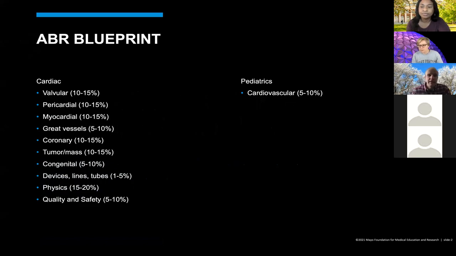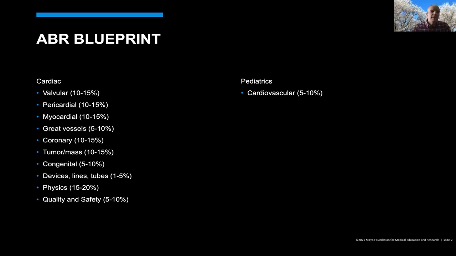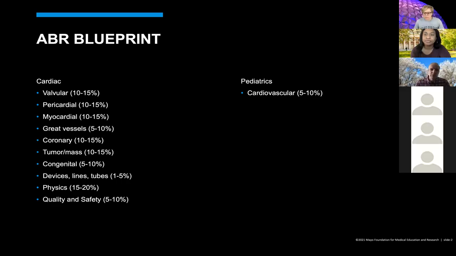And just as a reminder, your cardiac cases will include valvular disease, pericardial disease, myocardial disease, great vessels, so aorta, pulmonary arteries, coronary arteries, cardiac tumors and masses, congenital, but it might also include questions that you might more commonly associate with the chest section or chest radiographs, because there'll be questions about devices, lines, tubes.